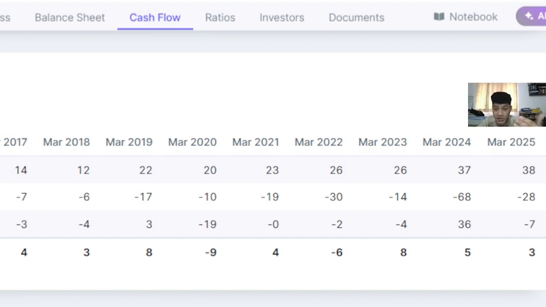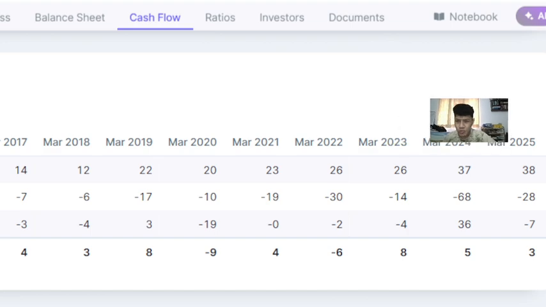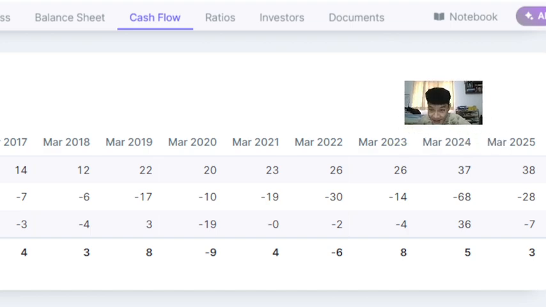And 2025, 38 crores. So in the last few years, we have seen a pretty consistent rise in cash flows, and they have reached 38 crores. So the company is at least a cash flow positive company. The 38 crores of operating cash flow, it's very debt free, very debt light, not a lot of interest, not a lot of depreciation.